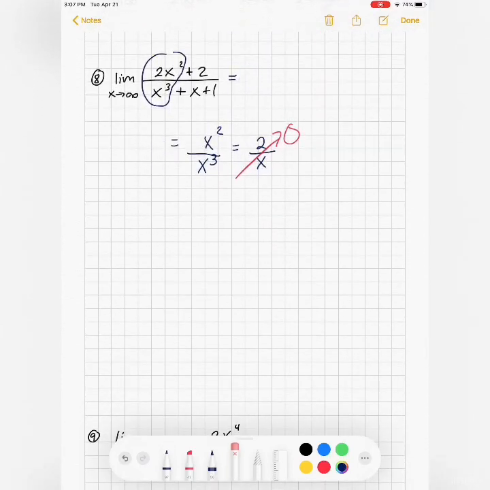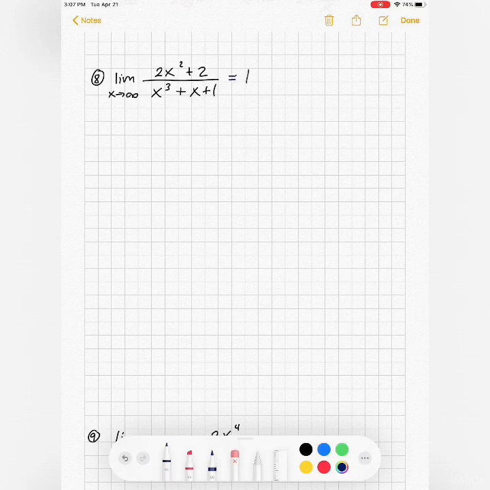Okay, but again, going to do the justifying part. Divide all the terms by x cubed.